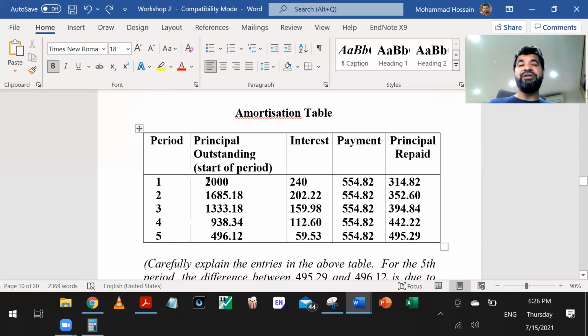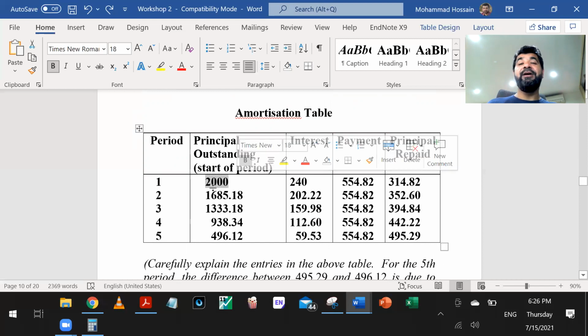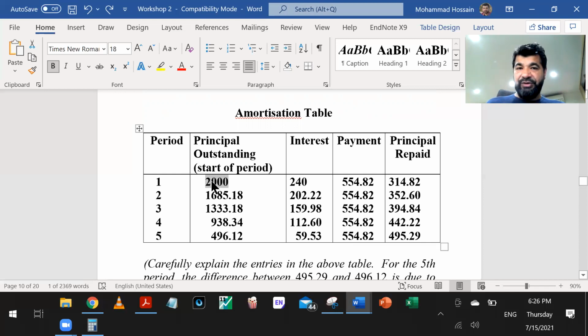You took $2,000 as your loan and you are using it for, let's say, 1 year. So you have to pay 12% interest: $2,000 times 12% is $240 interest. And you made a payment of $554.82.